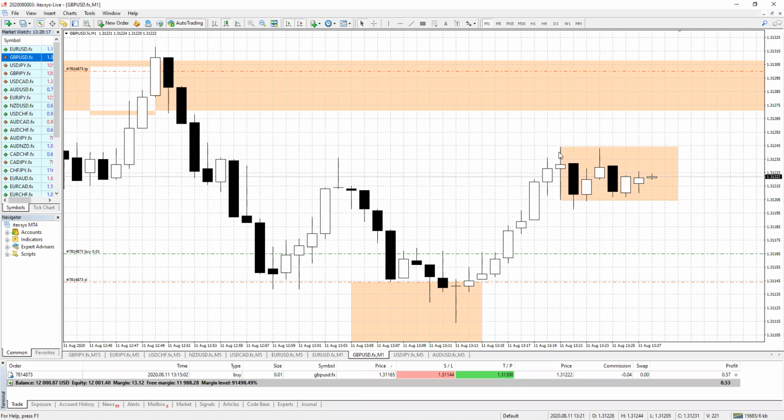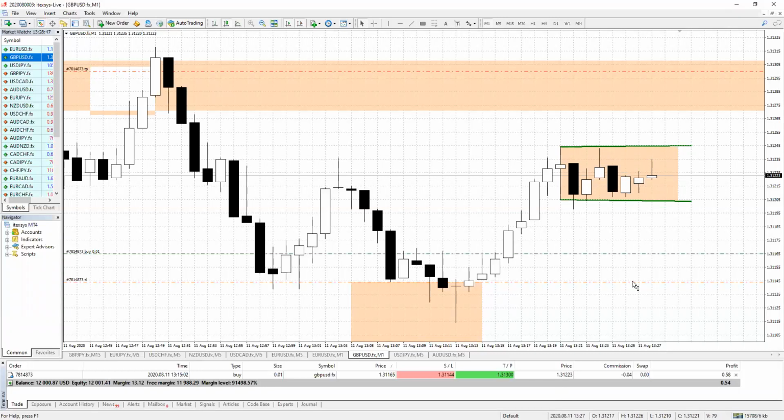This is called a mother bar. All these bars, except for this wick right here, are inside this candle right here. So the market will either break out hard to the top or break out hard to the bottom. And the breakout would likely happen in 1 minute when the stock market in New York opens.